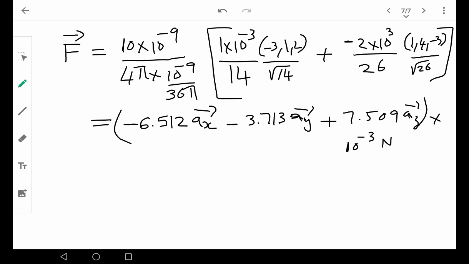Okay, both are same. So what is the electric field at that point?